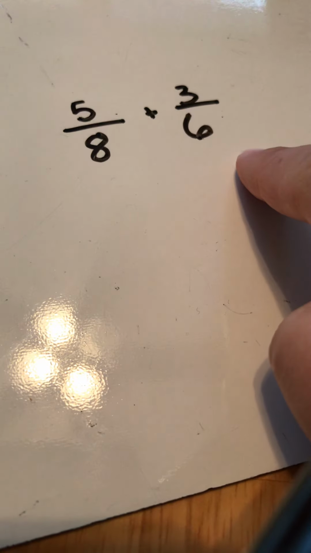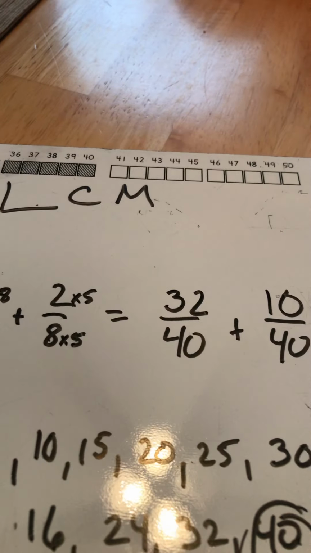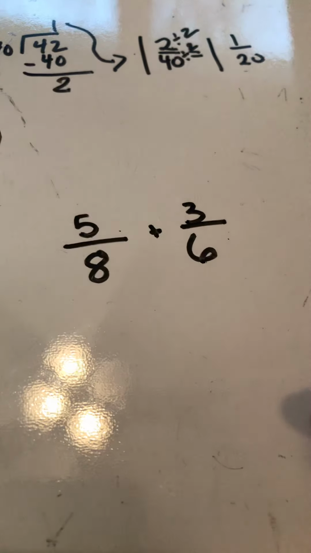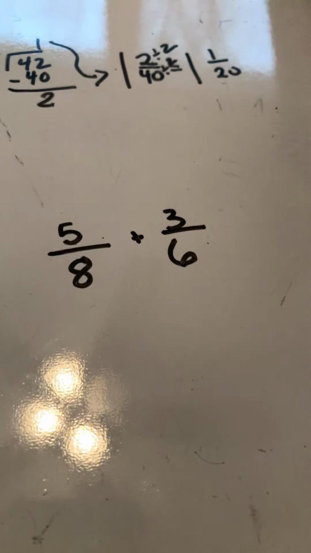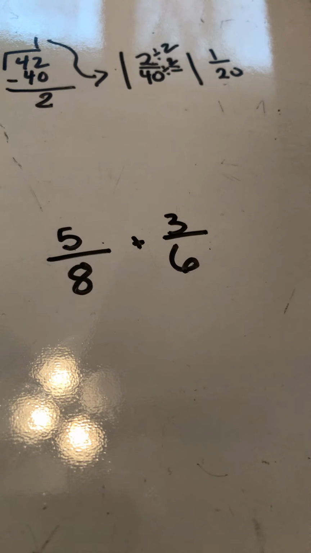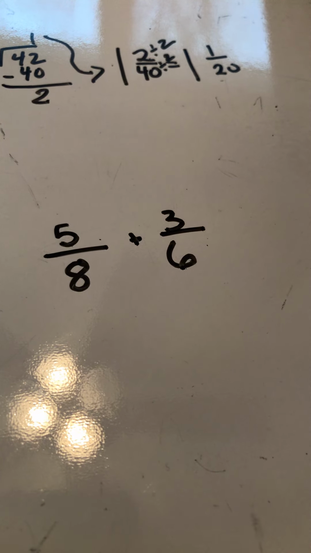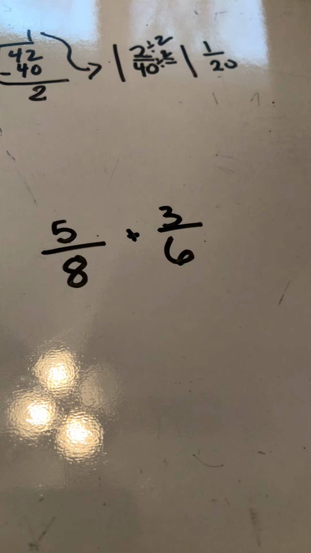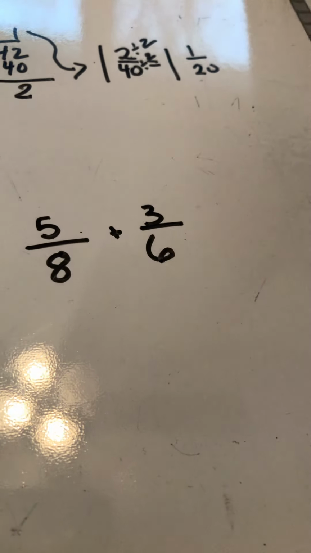So you're going to have to find the least common multiple, and then you're going to have to add this, and maybe, depending on what happens, reduce it. I will see you guys tomorrow when we will start our multiplication and division of fractions.